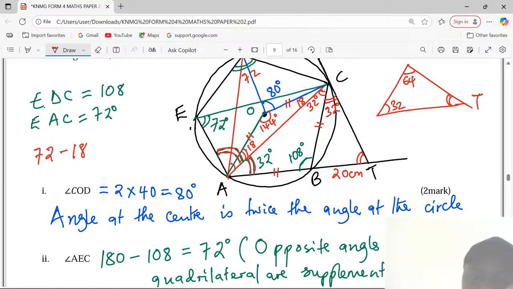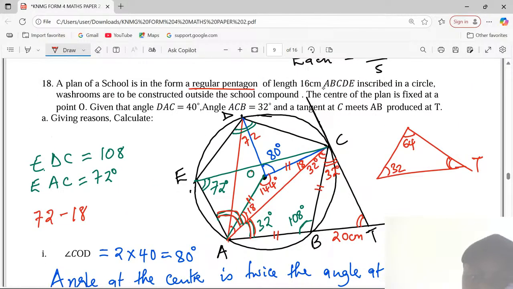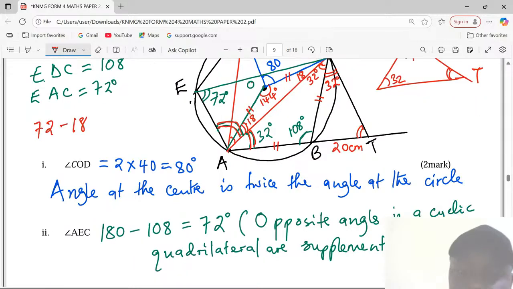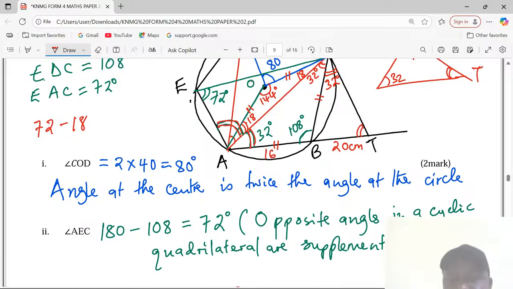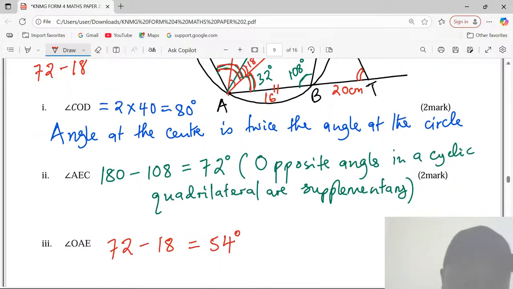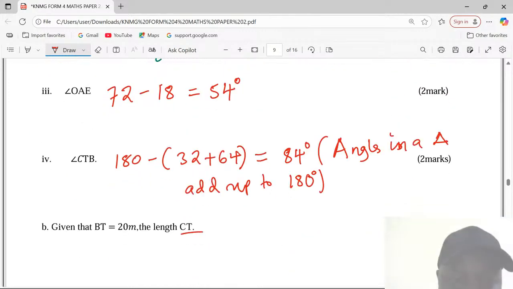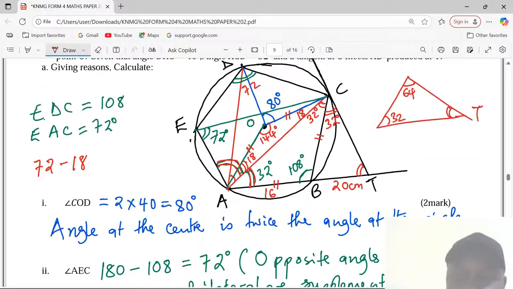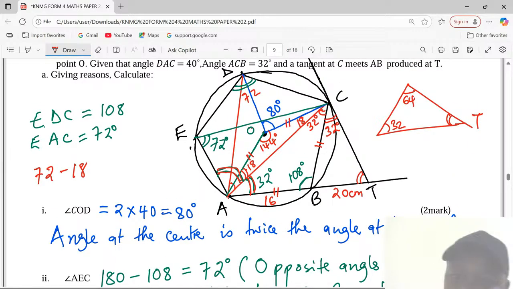Remember, AB, which is part of the pentagon, is equal to 16. So AB is 16 centimeters. So we find the length of CT, which is our tangent. We shall say this.